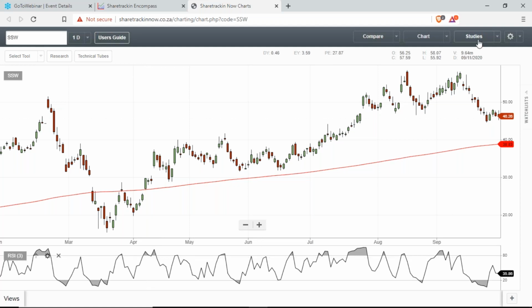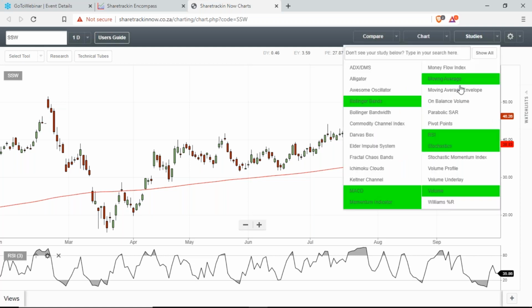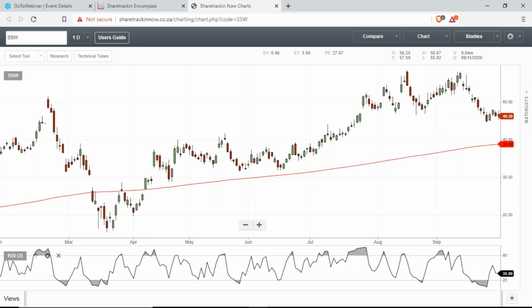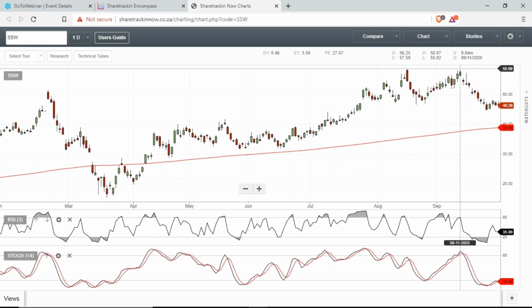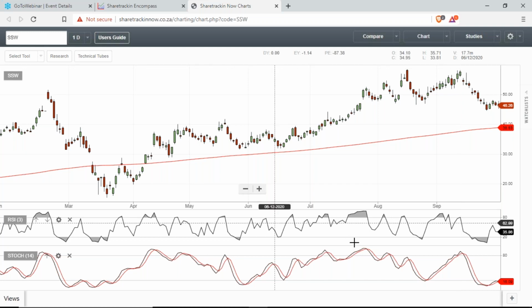Now I want to confirm the signals my RSI gives me. And for that reason, I go to Studies, Stochastic. I leave my period at 14 and I say Create. Now, you would note that your stochastic also has a 20 line, which is roughly there, and an 80 line, which you can see there.